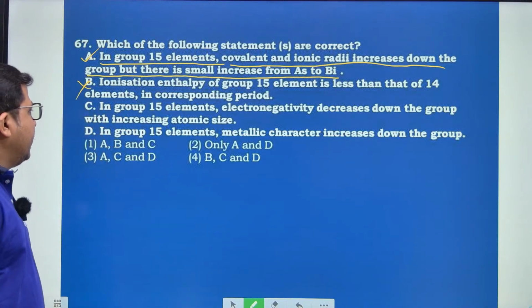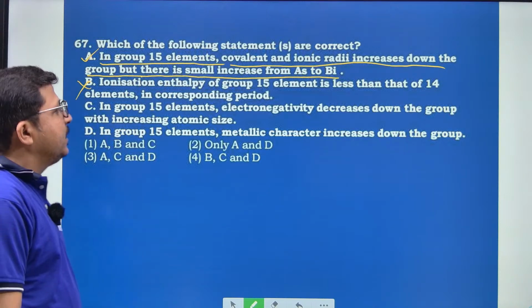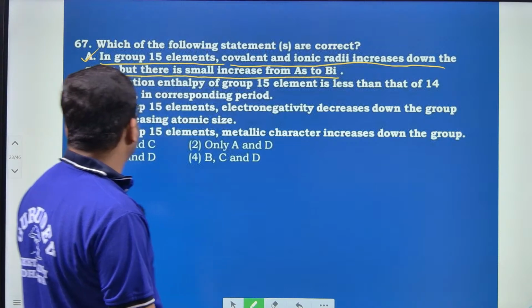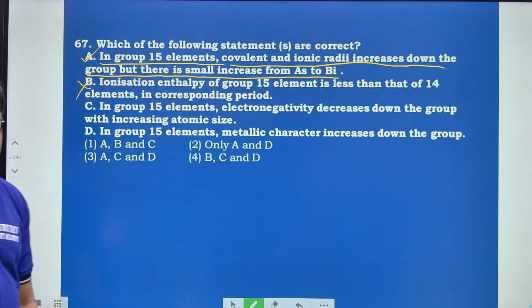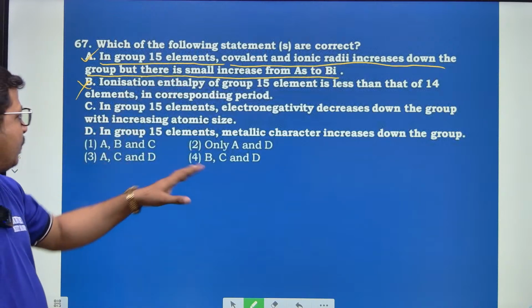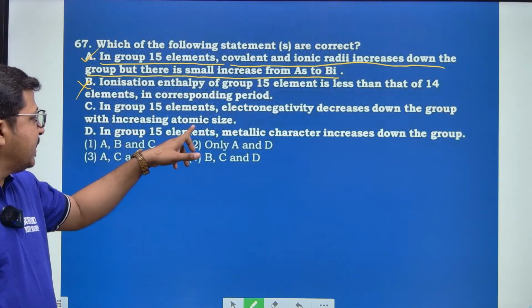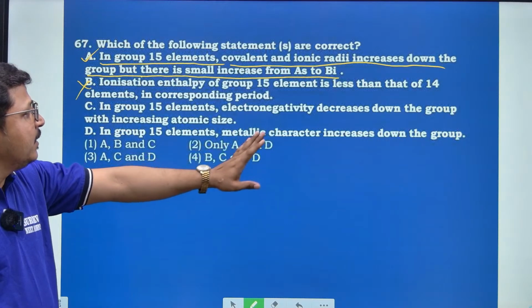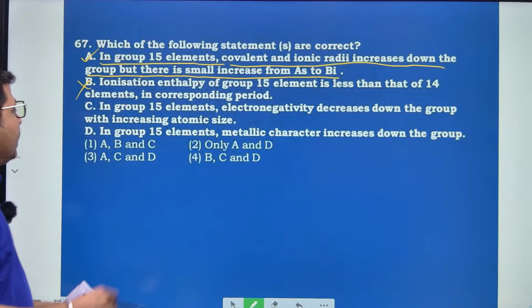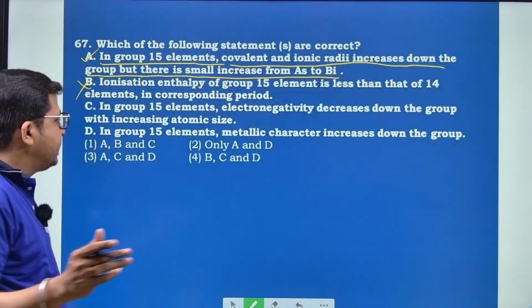Next, statement C: in group 15 elements, electronegativity decreases down the group with increase in atomic size. Electronegativity decreases down the group because the size increases.